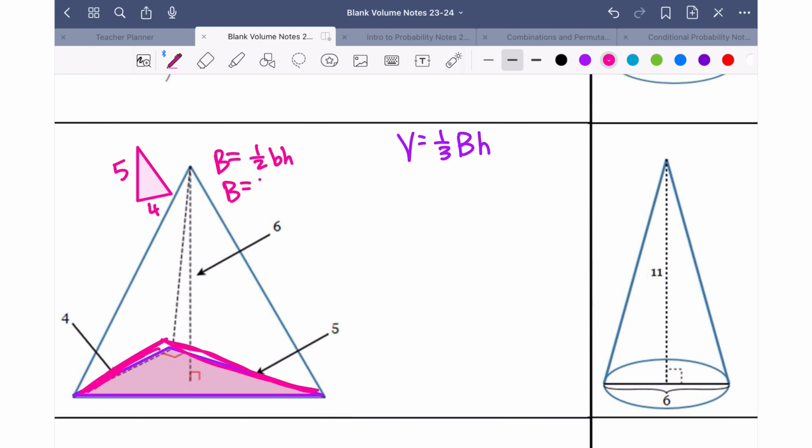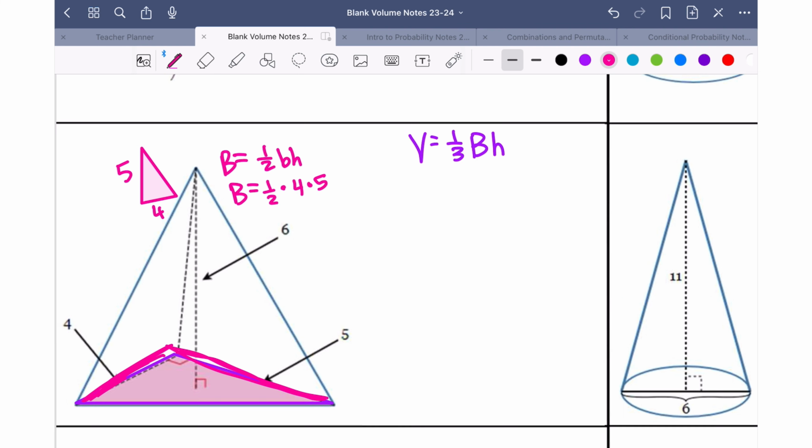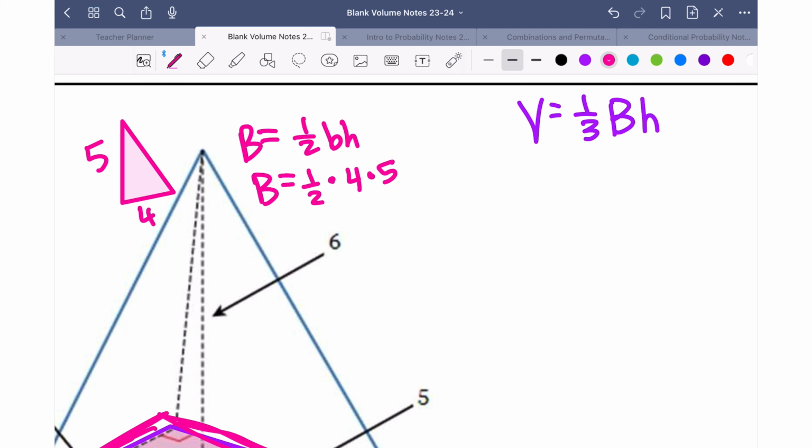So when we plug it in, we have 1/2 times 4 times 5. All right, this one I'm going to do in my head because I don't want to use a calculator. 1/2 of 4. What's 1/2 of 4? 2. 2 times 5? 10.